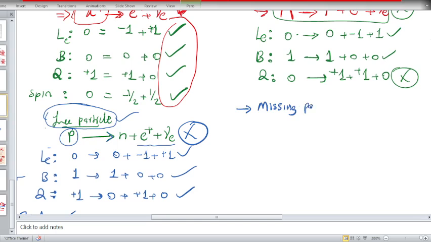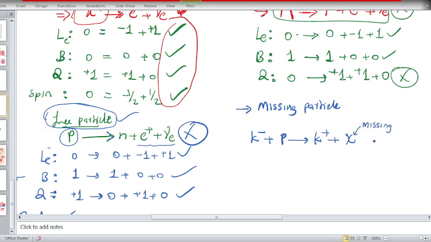So let us consider K minus, K with minus charge, plus proton, that will give you K plus one missing particle, which we represent as X. So X is the missing particle here.